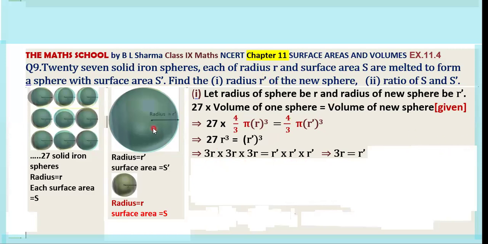The radius of the new sphere will be 3 times the radius of the small sphere. That's all for the first part.